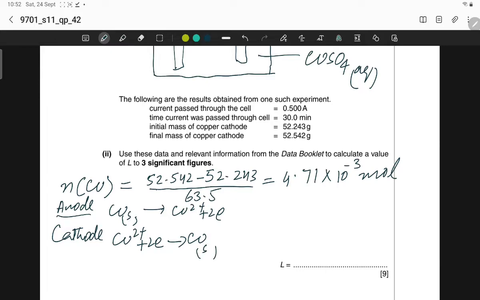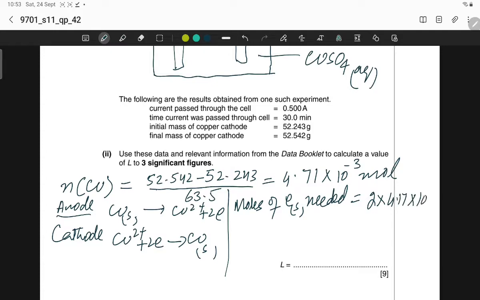So moles of electrons needed is equal to 2 × 4.71 × 10^-3, which is equal to 9.42 × 10^-3 mole.